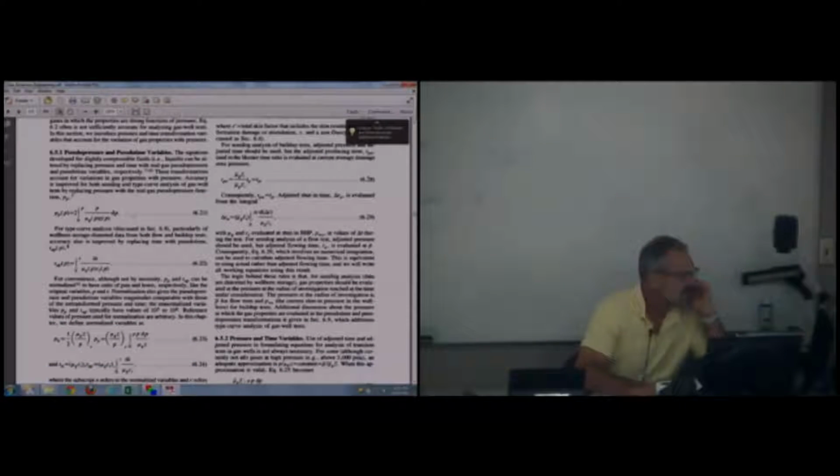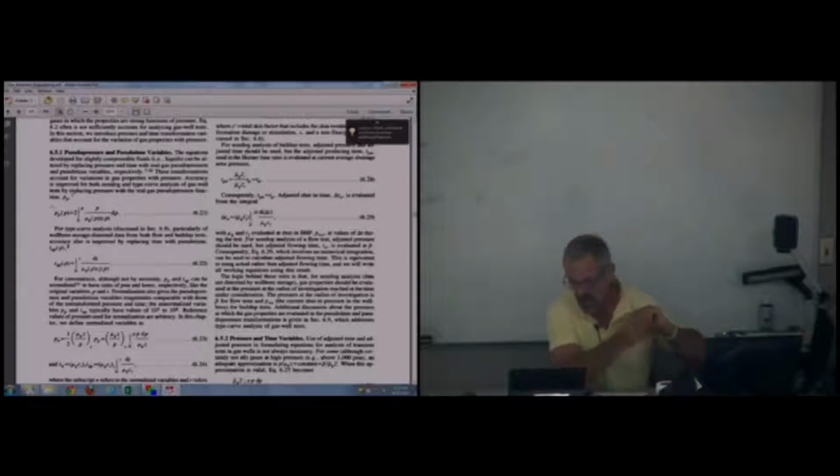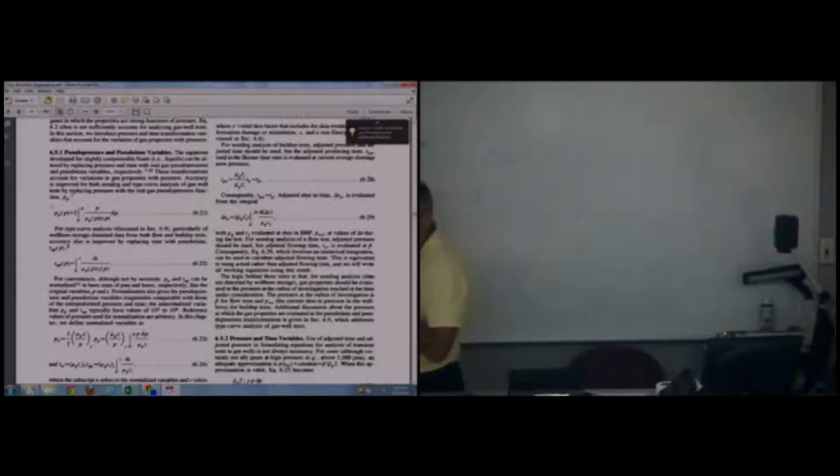Equation 6.21, right here. What I think he doesn't understand is that in the VBA, it's using the code for viscosity in that function down there, so you don't have to enter in viscosity. You don't have to put viscosity into your components. It calculates viscosity from the parameters you enter.